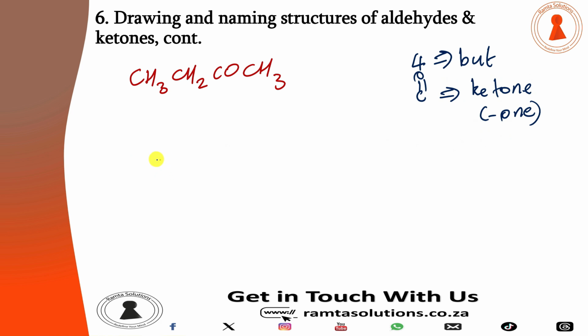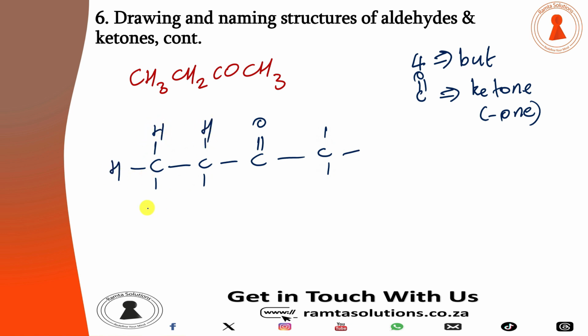Now let's start. 1, 2, 3, 4. What is the name of this molecule? The location of the carbonyl carbon is on the second carbon.